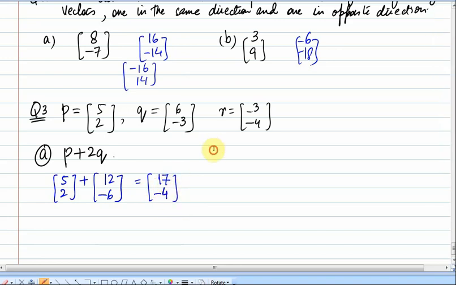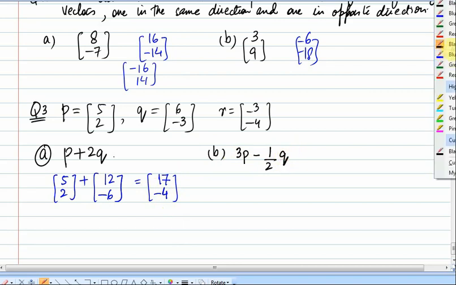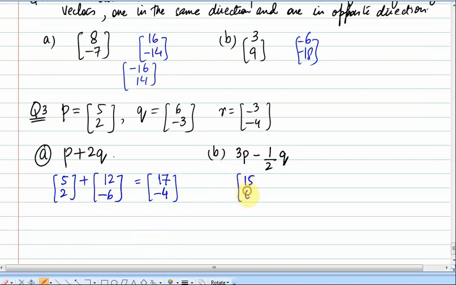Similarly, for the next part, you need to find 3P minus 1/2 Q. You have a minute to solve the question and your time starts now. First, you need to multiply your P vector with 3, so it will be (15, 6). Q upon 2 means both of the values divided by 2. 6 divided by 2 is 3, and -3 divided by 2, I will use as it is.